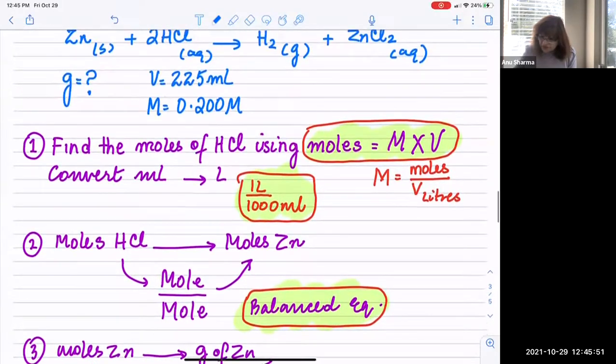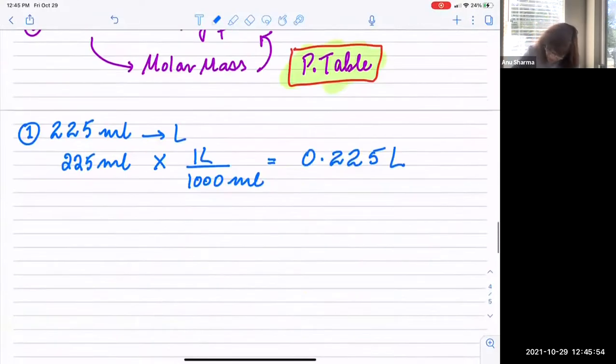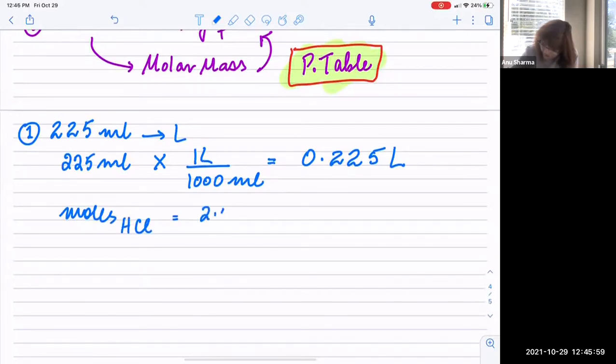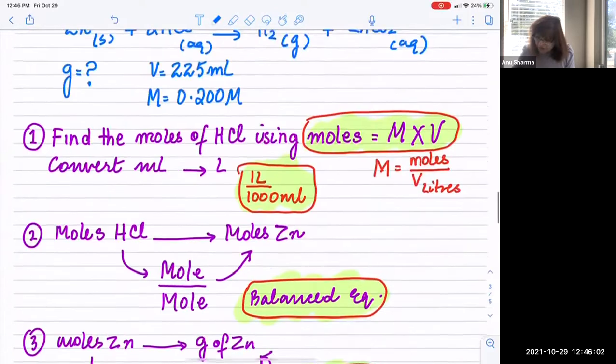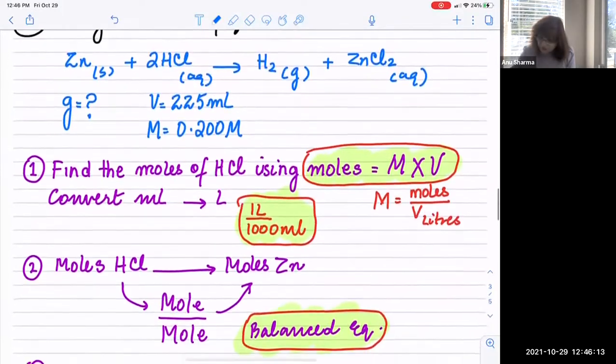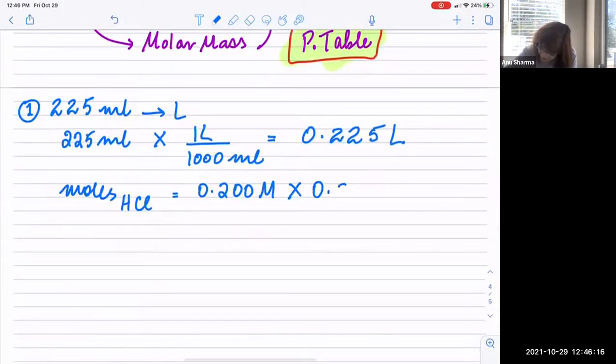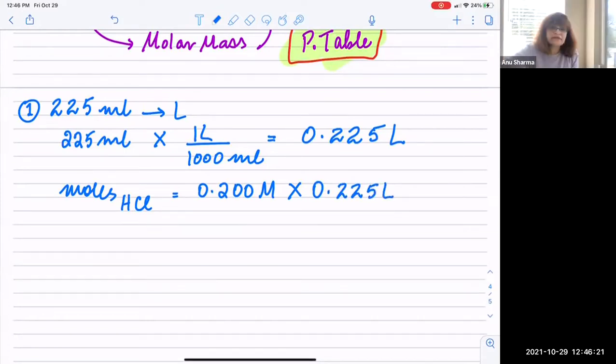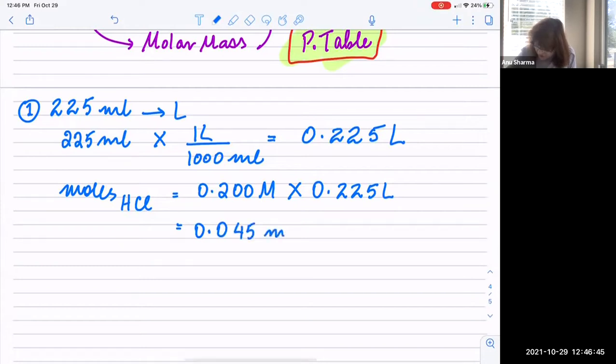We are given 0.200 molarity, my mistake, sorry. So moles of HCl is equal to 0.200 molarity times the volume, 0.225 liters. Let's do the math. This is 0.045 moles of HCl.